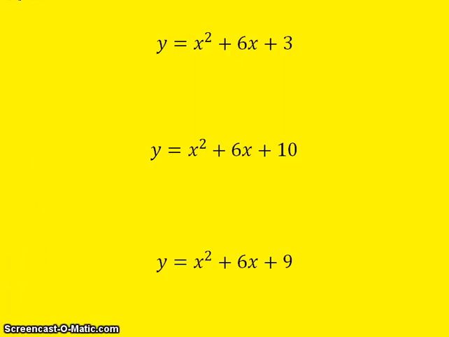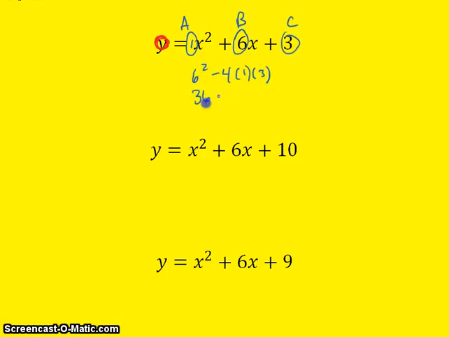These look a little different, but we're going to treat them the same way. We want to find when this is equal to 0. With a quadratic, when you're solving a quadratic, you're always setting it equal to 0. So we want to find how many solutions there are. So a is 1, b is 6, c is 3. So 6 squared minus 4 times 1 times 3.